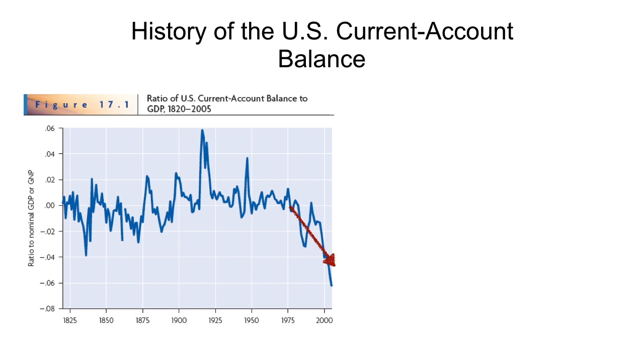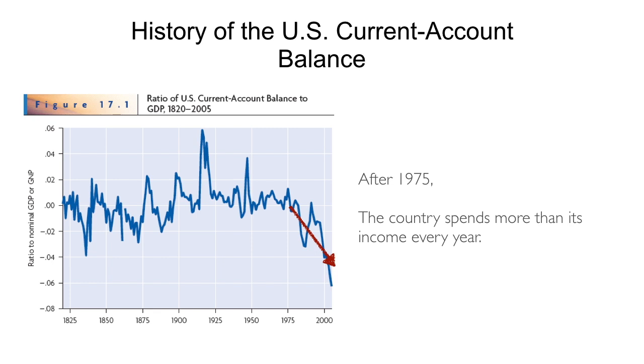After 1975, the U.S. current account balance seems to run a deficit through the years. So 1975 is actually the crucial year. This current account deficit reflects the fact that after 1975, the United States basically spent more than its income almost every year.